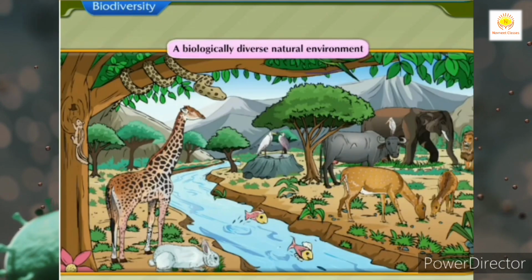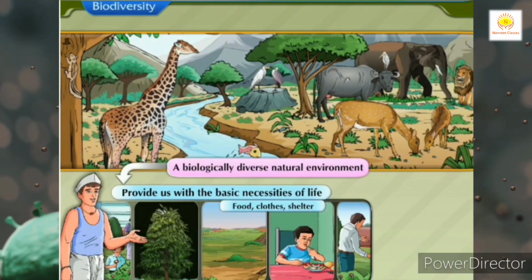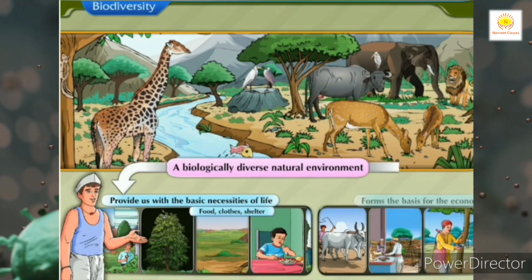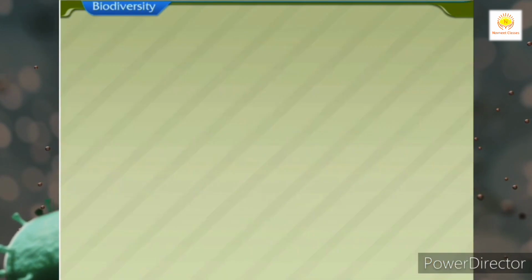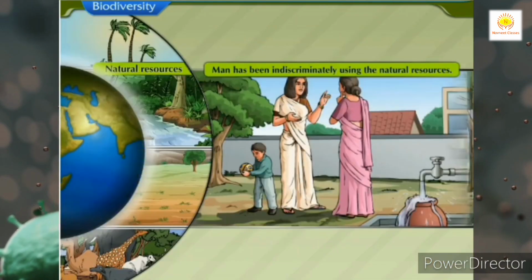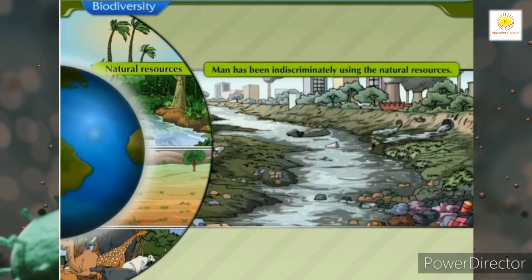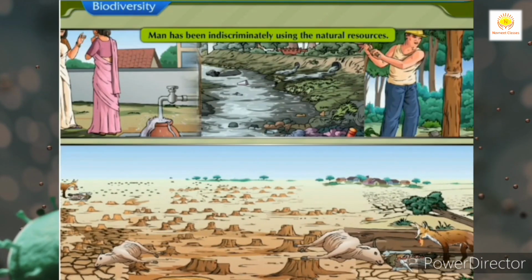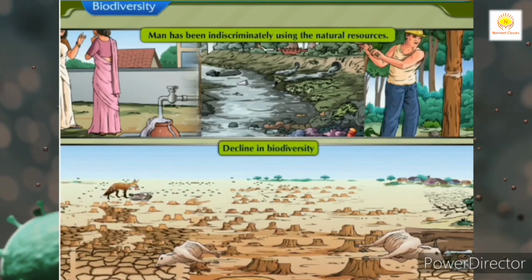A biologically diverse natural environment provides humans with the necessities of life and forms the basis for the economy. Man has been indiscriminately using these natural resources. The result of this is that there is a decline in biodiversity.